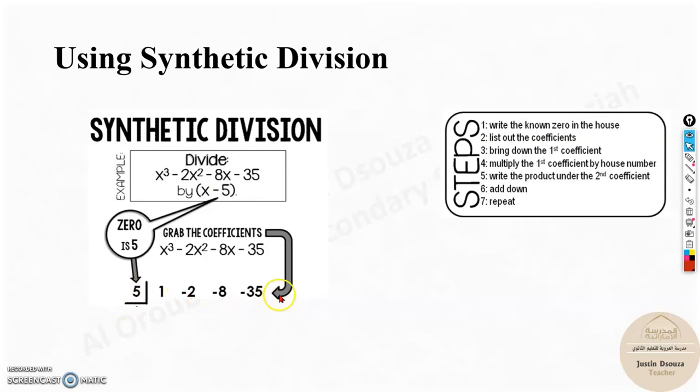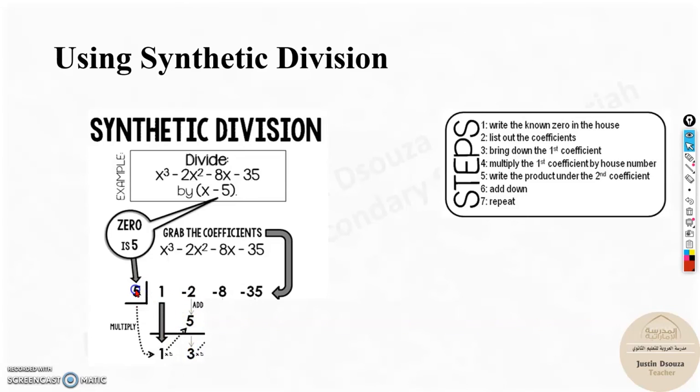Now, once we set up this, it is very simple. All you need to do is first bring down the first coefficient as it is, no changes. Multiply this number with this coefficient. What is it? 5. And write it over here. Now you basically add them up. Over here it's minus 2 plus 5. That will become plus 3.